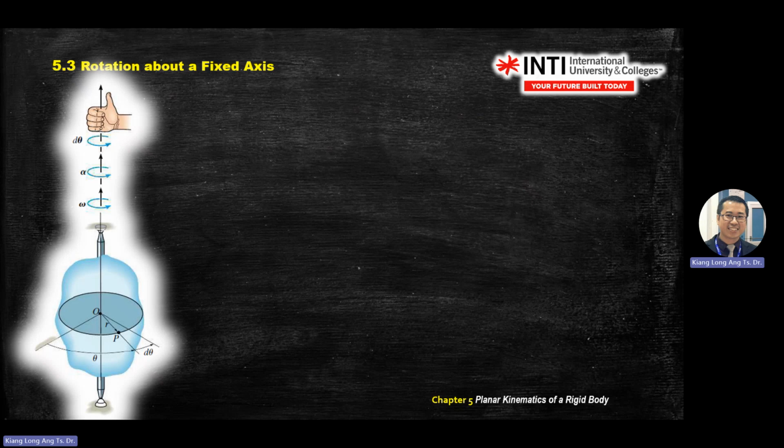How do you know this one is a chapter 5 question? You will see R, you will see theta, omega, alpha, and d theta. All rotation has one rotation axis, and then we look at a point where it rotates.